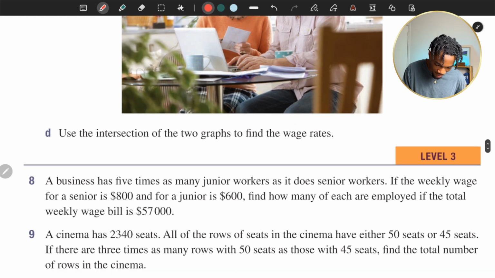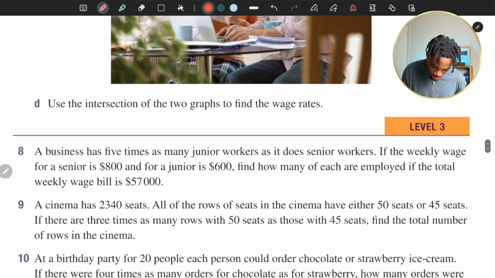Do it for this one as well. A business has 5 times as many junior workers as it does senior workers. If the weekly wage for a senior is 800 and for a junior it's 600, how many of each are employed if the total wage bill is 57,000?